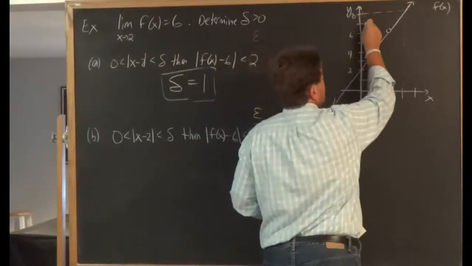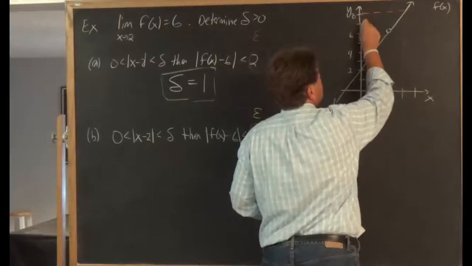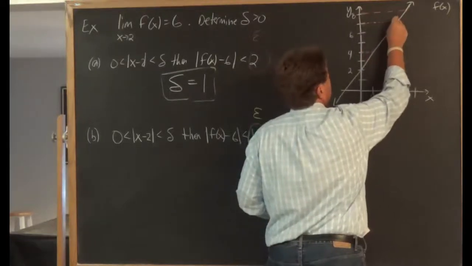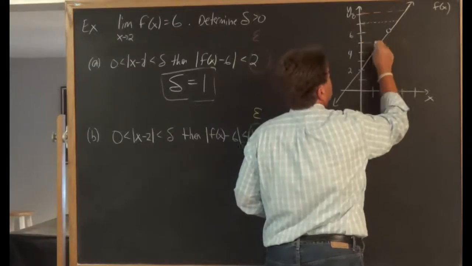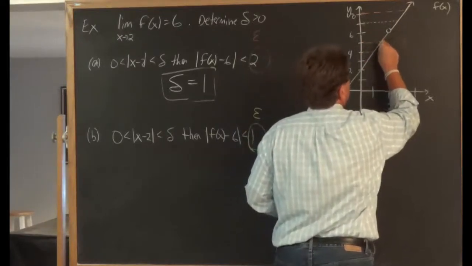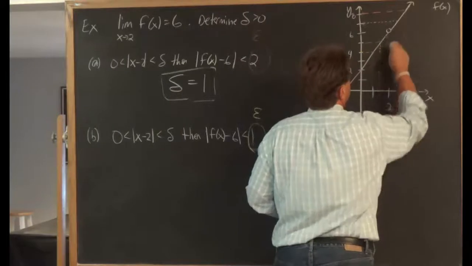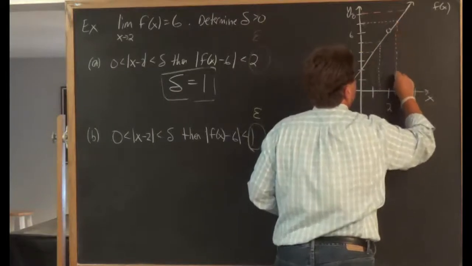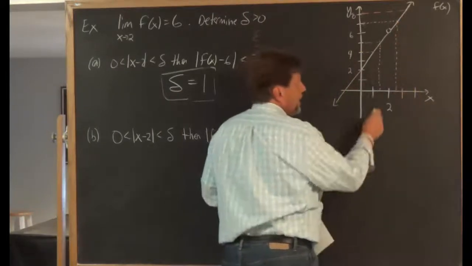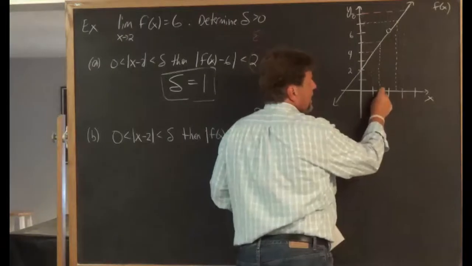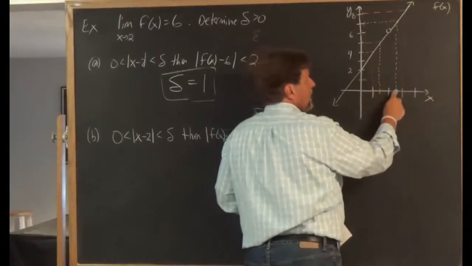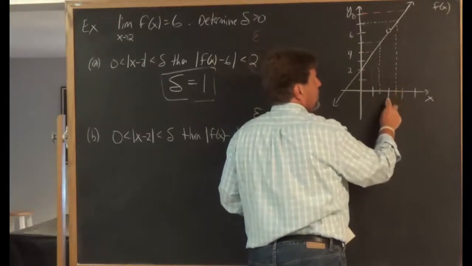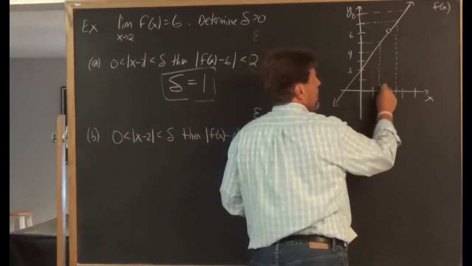Well, let me do the same thing. Let me draw some dashed lines, come out to the graph, and let me come down to the x-axis. And you know, it kind of looks to me like that's halfway between 1 and 2, and this looks like it's halfway between 2 and 3.